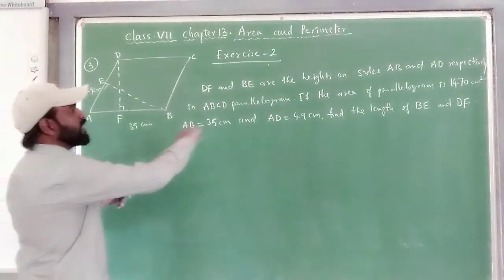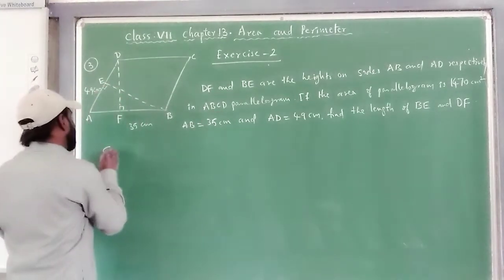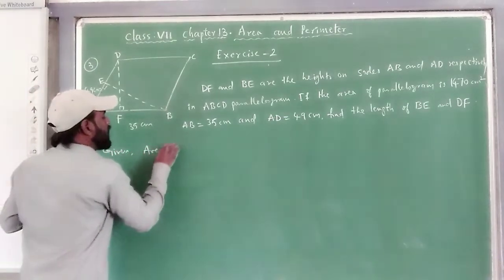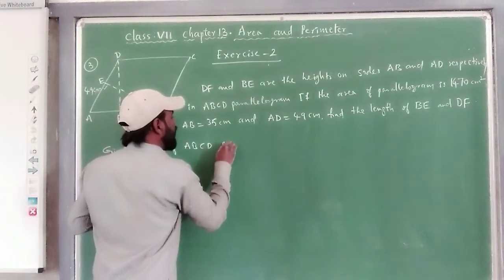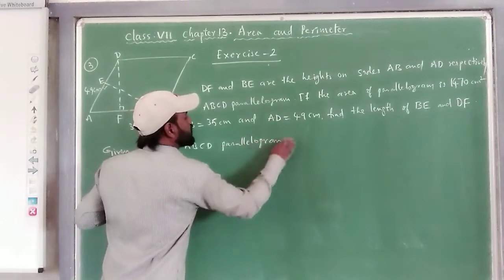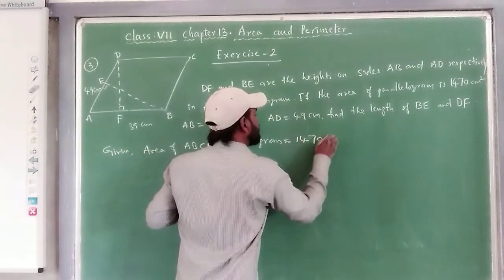So first, what is the area of the parallelogram given? 1470. So given area of ABCD parallelogram is 1470 centimeters square.